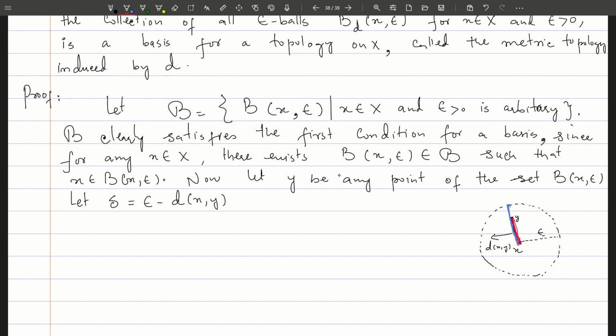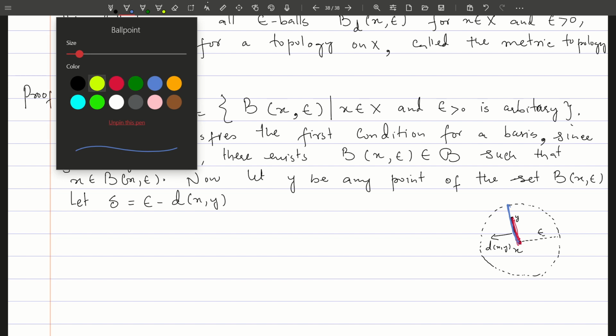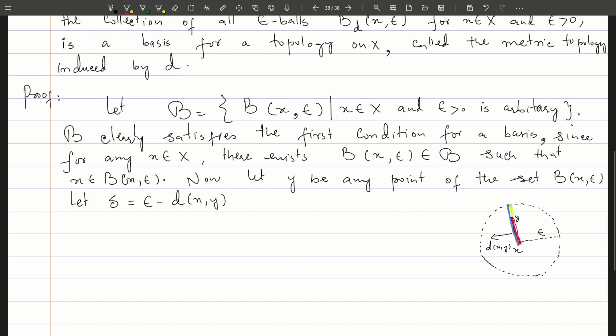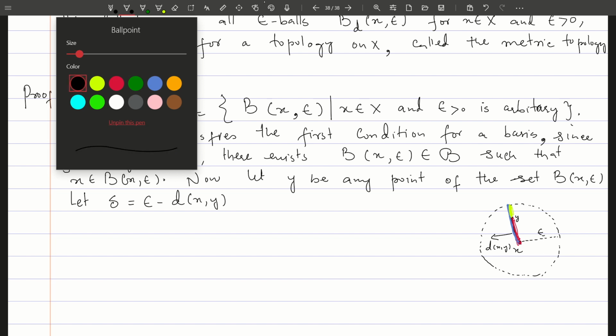When we subtract the distance d(x,y) from this epsilon, we are left with this distance over here, this green one. So this green one is delta. Delta is obviously positive because y is inside the ball B(x, epsilon).